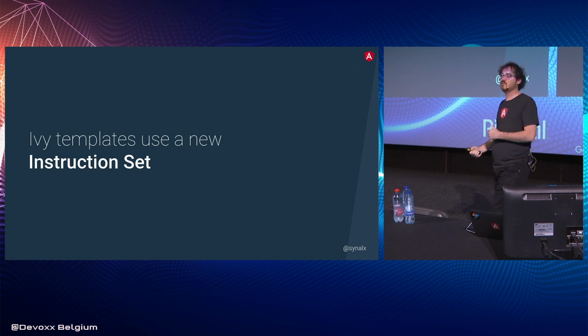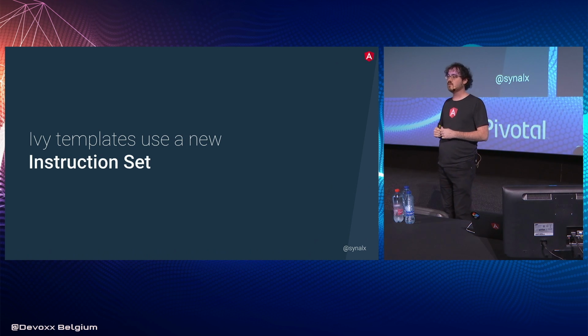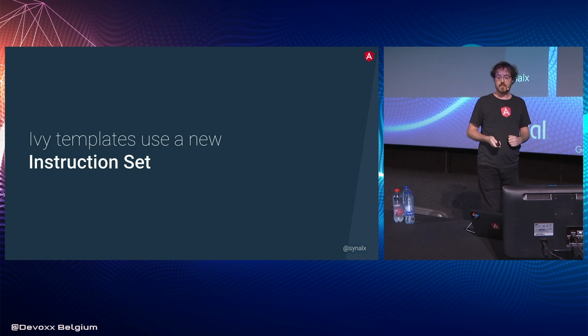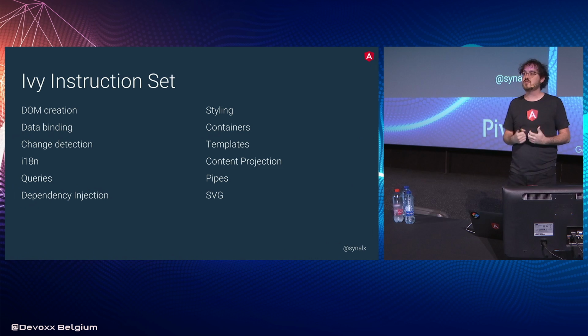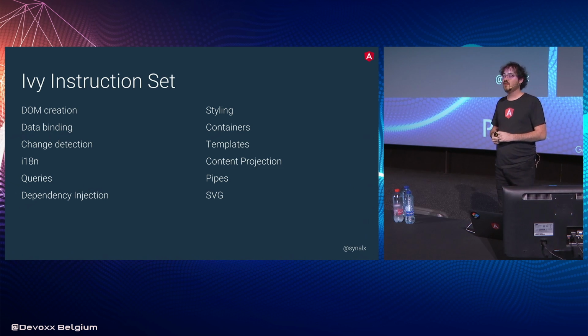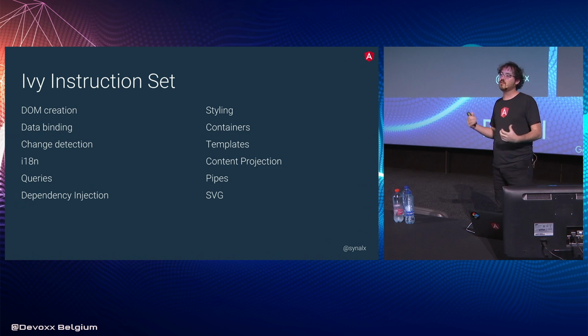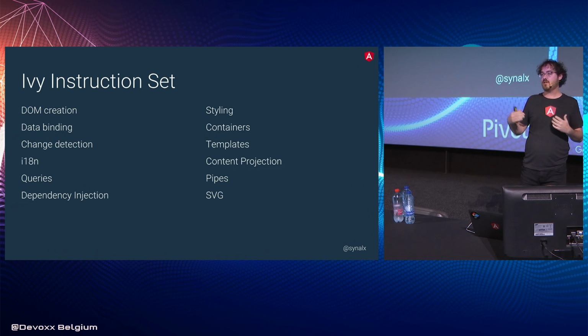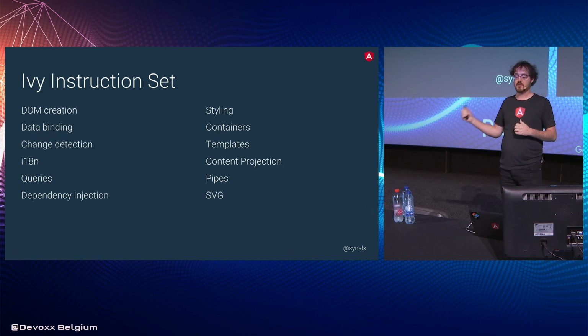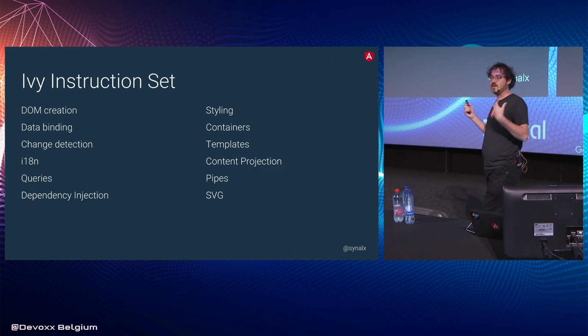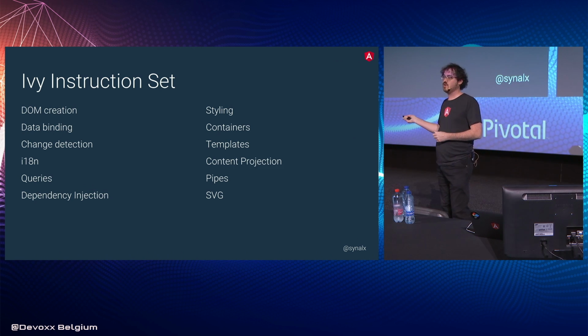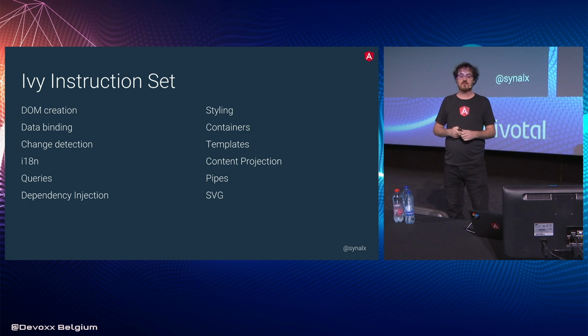A template gets compiled to two sequences of these instructions, one to create it in the DOM, and the other to change detect it. And this instruction set is pretty comprehensive. It covers things like internationalization, data binding, content projection, as well as the more normal things like DOM manipulation. So as an example, let's look at how dependency injection gets rendered to a sequence of Ivy instructions.